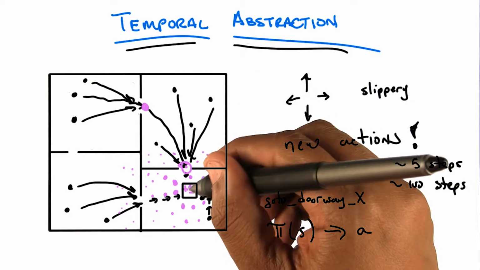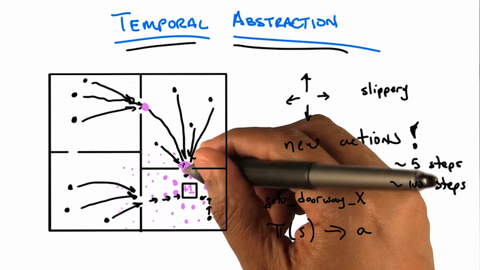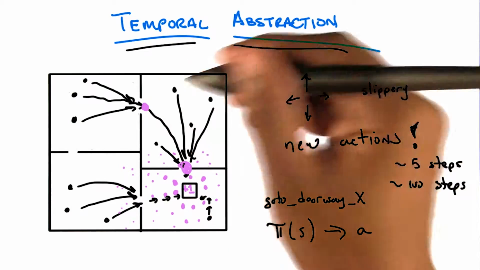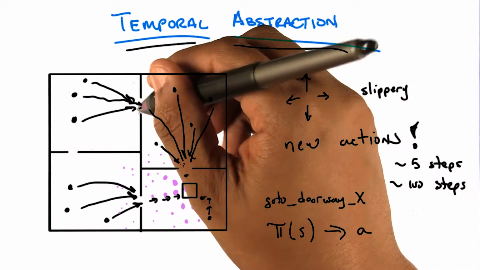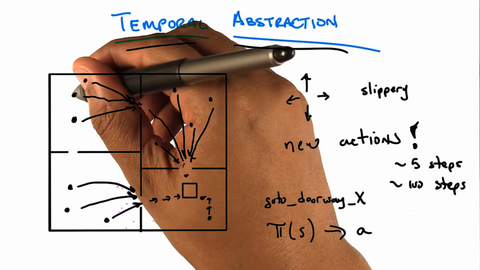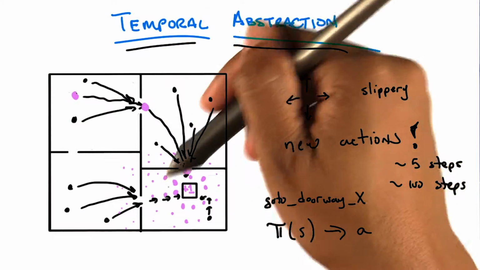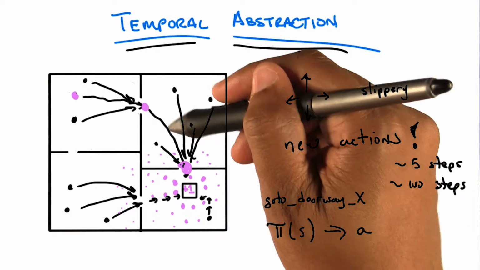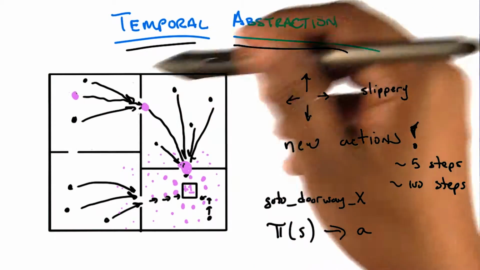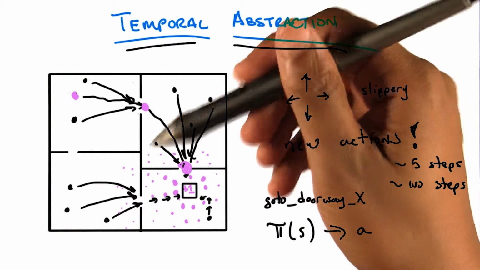So as soon as information from my little +1 box here gets me to here, I can back that information all the way up to where I initially executed the go to doorway X. And similarly, now that I've got information here, I can back it all the way up to the value of being in this state. And so I can back up information and value much more quickly without having to back it up sort of one little state at a time. So there's a lot of advantages here, sort of computational and otherwise, that will hopefully allow us to learn faster.